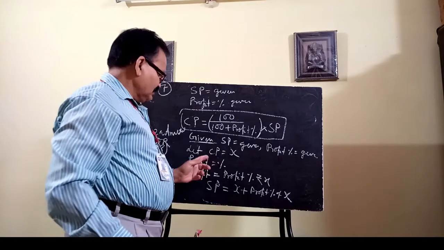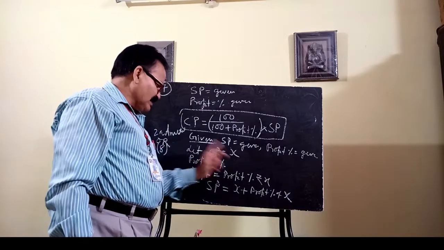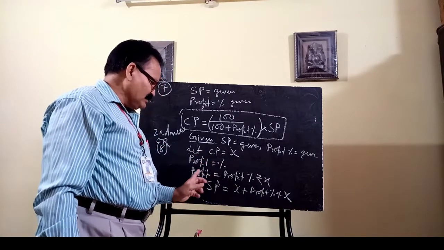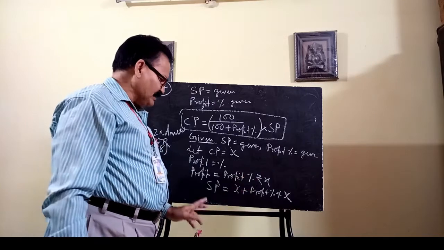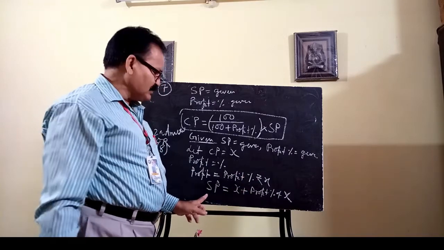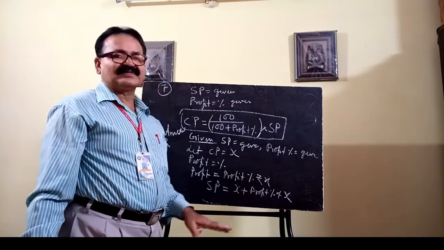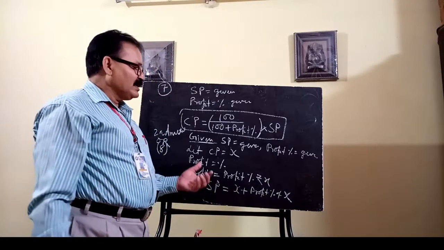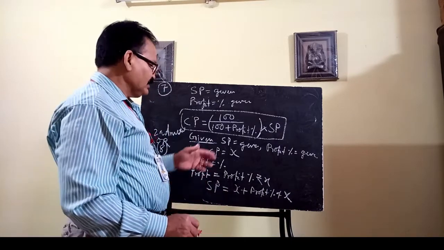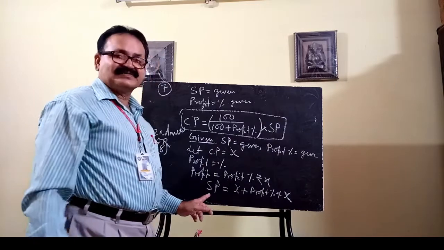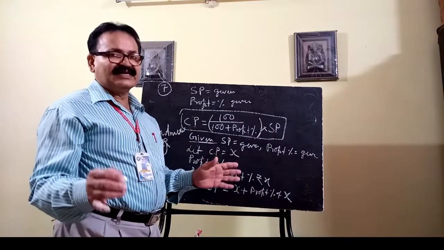You first consider CP as your X, profit percent is given, find profit percent of X, then find SP in terms of your X plus profit percent of X, you have got the SP. Now according to question, the given SP and SP in terms of X, you make an equation.